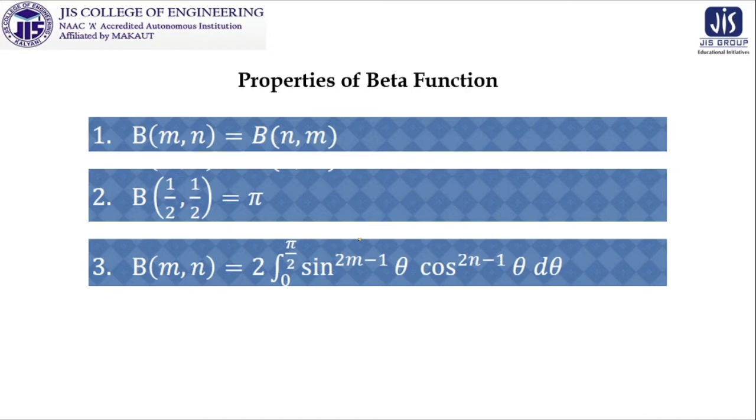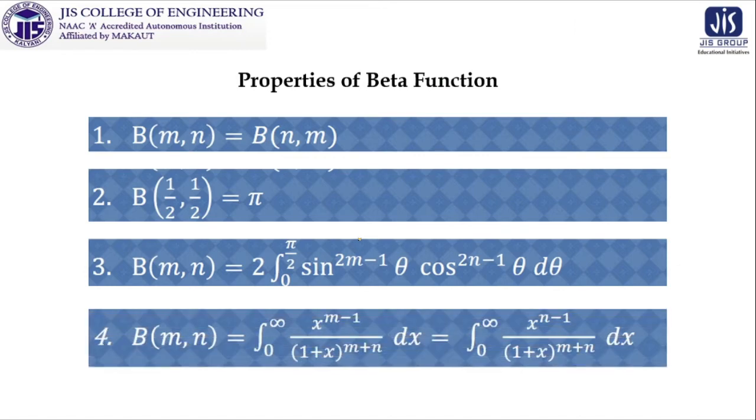Then we have already represented the trigonometric representation of beta function in terms of sine and cos. And finally, we also have the property that beta function can be represented in another algebraic way. From this also we can claim that beta(m, n) and beta(n, m) are the same.